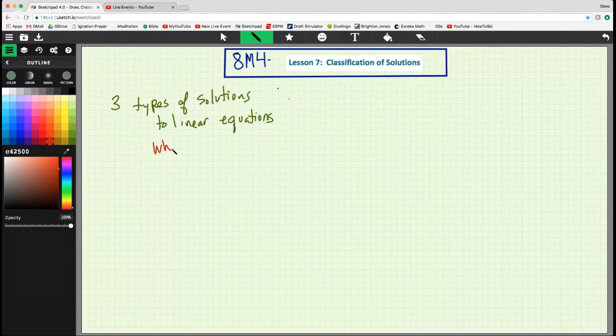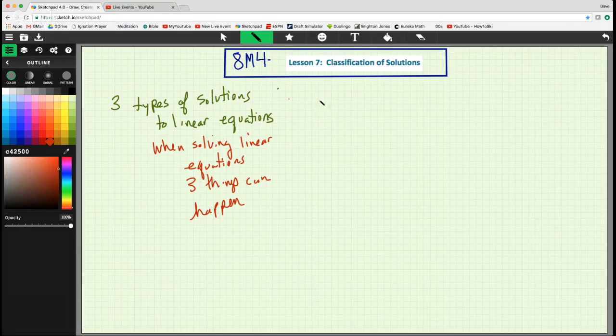When solving, what we're talking about when we talk about classification of solutions is that when solving linear equations, 3 things can happen.